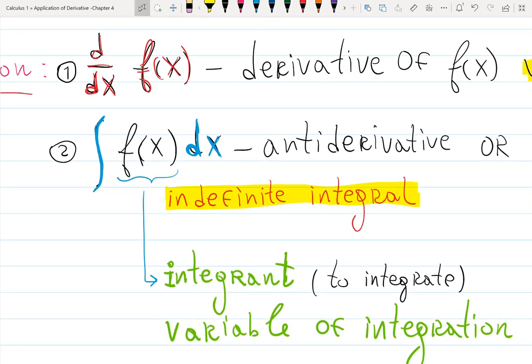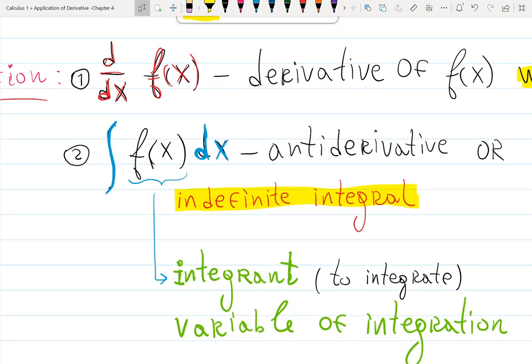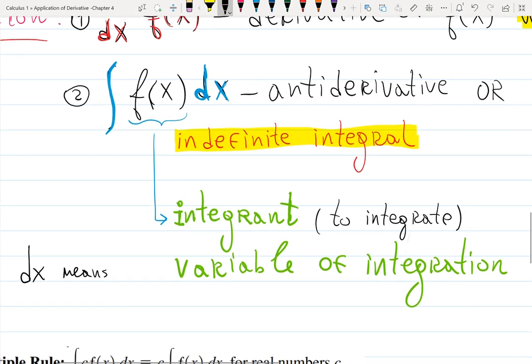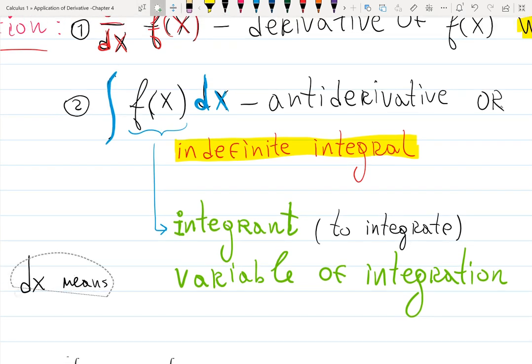Then the dx part means that x is the variable of integration, or independent variable, in this case.